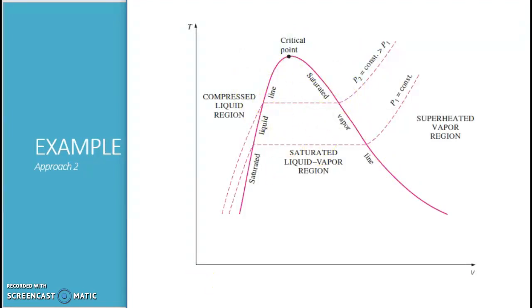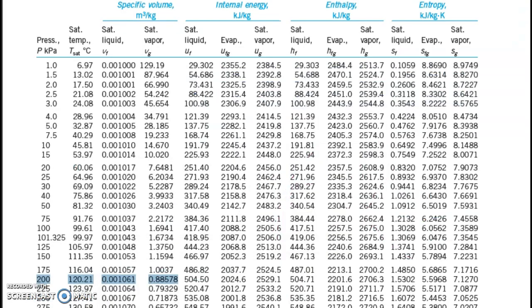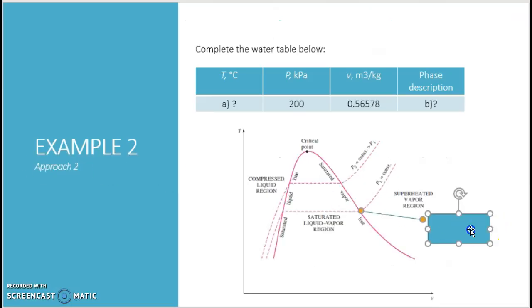If we have a look at the TS diagram over here, and at your property table, this 0.88578 is actually your saturated vapor, and it lies at this point here.